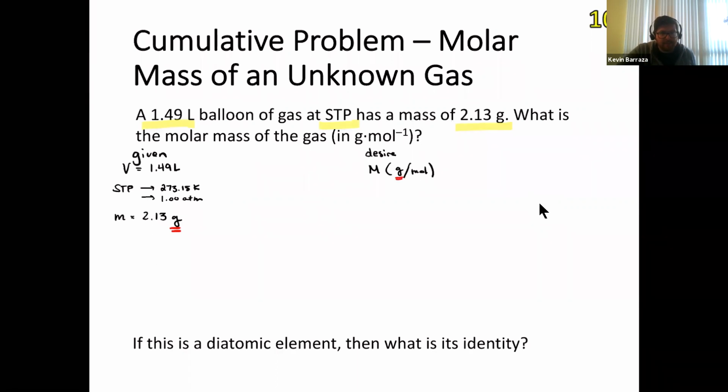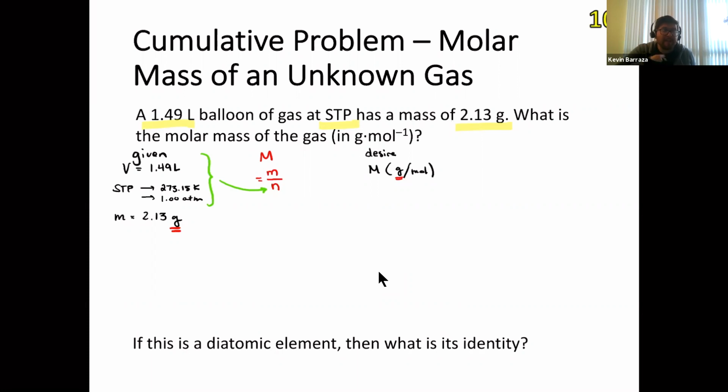We don't have the mass of a single particle, so we can't multiply by Avogadro's number. But what we do have is a mass, and this is where we're going to utilize our last definition of molar mass. Molar mass is intensive. It is grams on top, moles on the bottom, equals that, which we have. We have the mass. The only thing we don't have are the moles. That's what this is for.